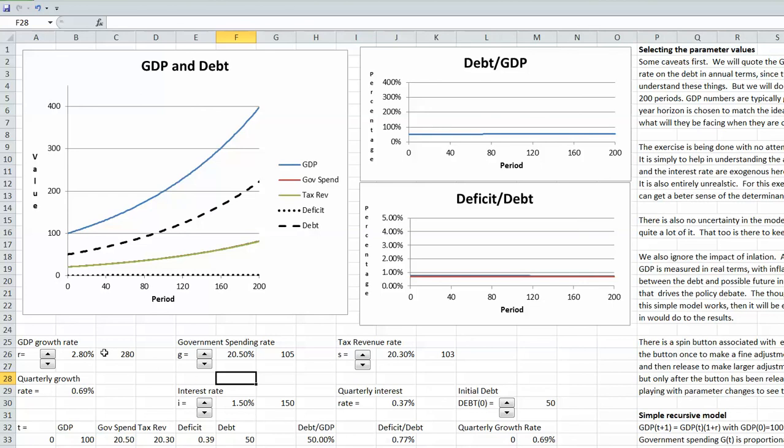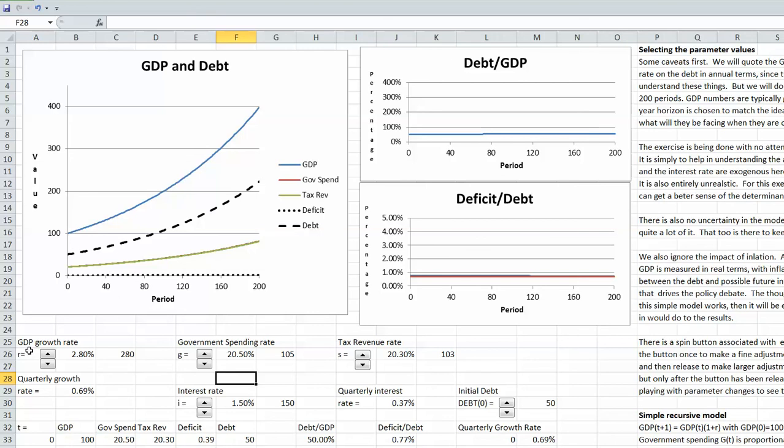So let me talk about that for a little bit. There's no reason to believe these two things are the same. The interest rate is determined in global credit markets. The GDP growth rate is for this particular country, and countries grow at different rates. So the fact that R and I can diverge is part of what this arithmetic exercise is about.